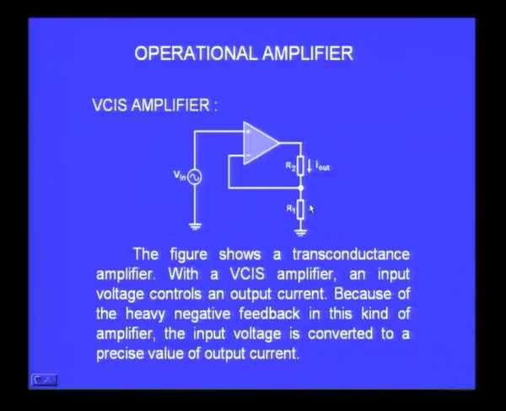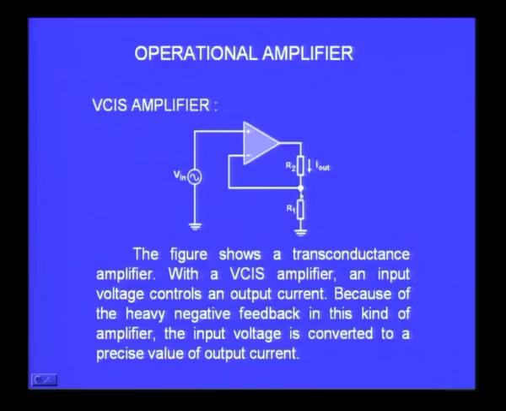Now what about the input output relationship? If you want to understand this in a very simple way, you are giving the input voltage here, this is V in, and this voltage cannot be different from V in by more than plus or minus 150 microvolt, as we have already said, at any instant, and therefore this voltage will also have to be V in at this point. So if this is V in, the current through that will have to be V in by R1, voltage divided by resistance is current by Ohm's law.